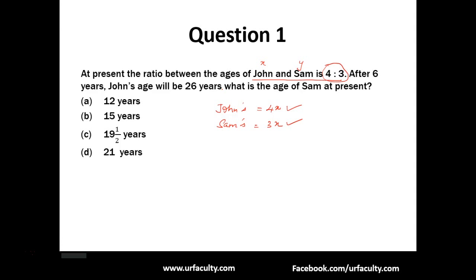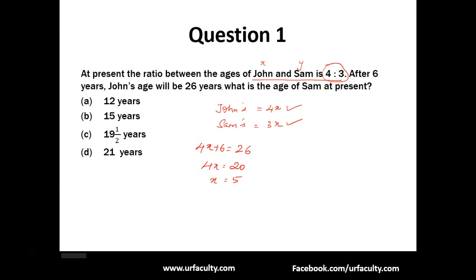Now, the next statement says after 6 years, John's age will be 26 years. So what does this mean? This means 4x plus 6 is equal to 26. This is a fairly simple problem. So what do you get? 4x is equal to 20 and x is equal to 5. What is the age of Sam at present?